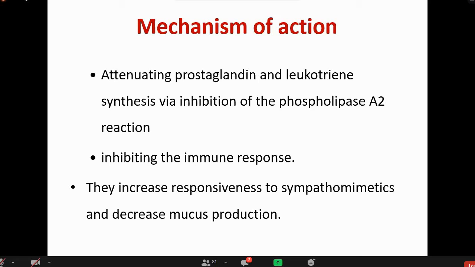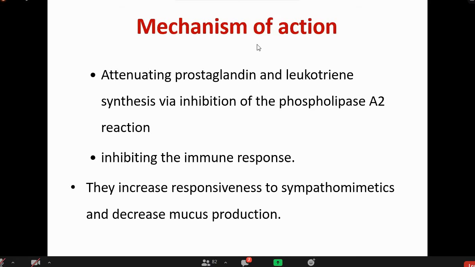So arachidonic acid is produced, and why are we discussing this arachidonic acid in so much detail? Because this is the arachidonic acid that will ultimately enter two pathways which play an important role in the process of inflammation, right?